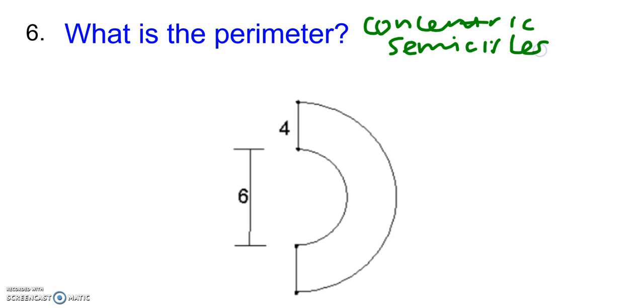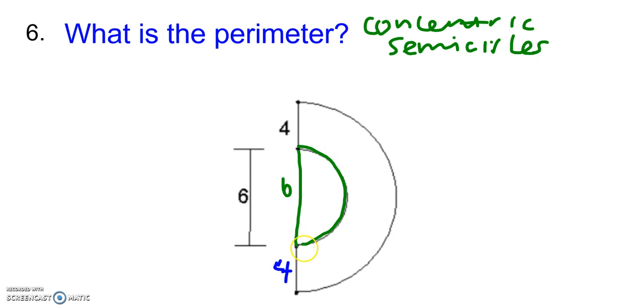Okay. So then we know that this is going to be 6 here, and then we know this piece will be 4. Alright, so then we can see that our whole diameter of our big circle here is going to be 14.